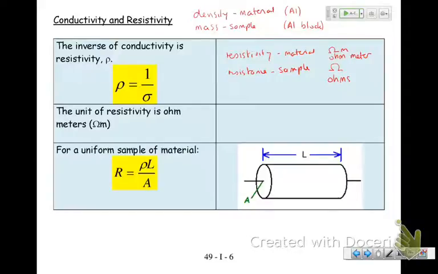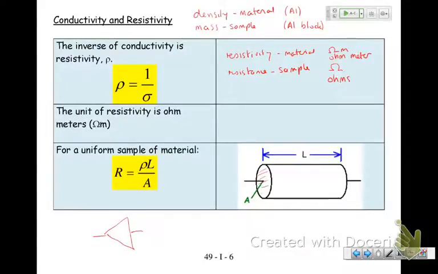If we take a material and we put it into a uniform shape, so just the same cross-sectional area. This is a circular, like a cylinder, but it wouldn't make much difference if it was a square, as long as it was a nice uniform shape. It doesn't bulge. If I had something that kind of looked like that, I'm not sure this equation would apply anymore.